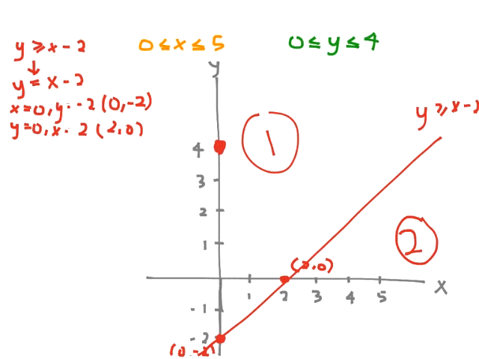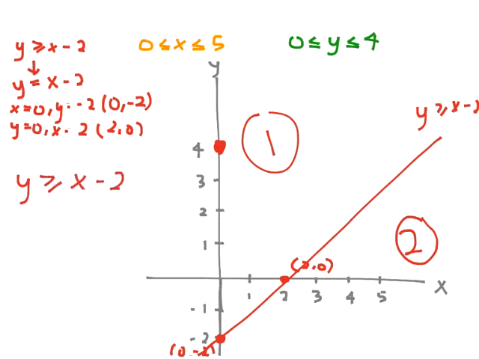So this point is (0, 4), right? So when you have (0, 4), you substitute the value of x equals 0 and the value of y equals 4 into our inequality. So our inequality is y greater than or equal to x minus 2, right?